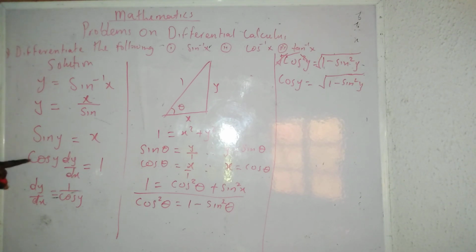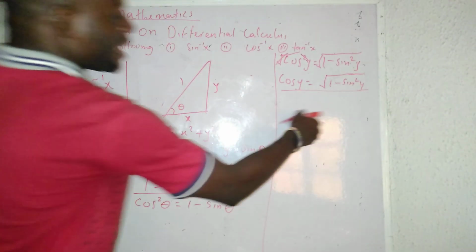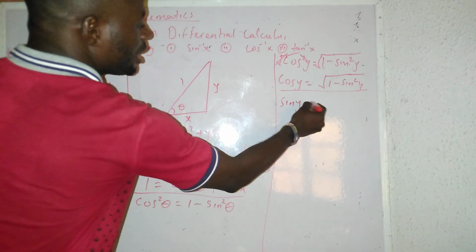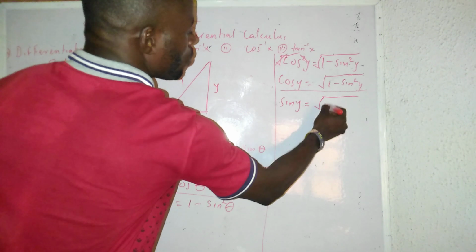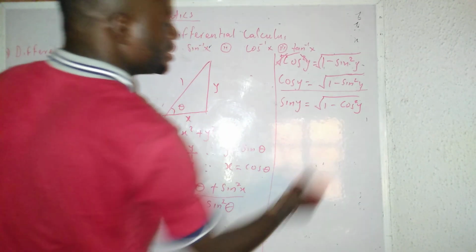Okay, I can now say that my sine y. Sorry, I'm working towards sine y. It means if I'm working towards sine y, I can now say that my sine y equals root of 1 minus cos square y. The same thing.